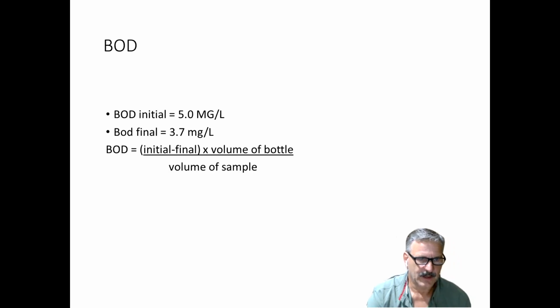In this case, if we use like a 3 milliliter sample, you just plug in those numbers. So it's 5 minus 3.7, divided by 3, the volume of the sample, and multiply that by 300, which is the volume of the bottle.